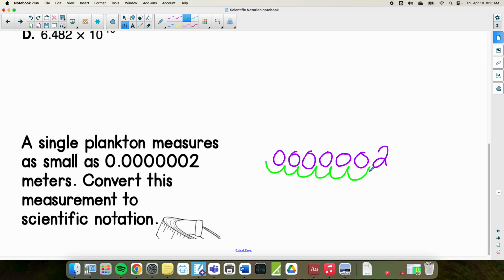No, I have to go one more place. You have to go until you have one digit to the left of your decimal point, okay? So this is 2, or you could write it as 2.0 if you wanted to, either way, times 10, and I moved it 1, 2, 3, 4, 5, 6, 7 spots. And do you think that would be positive or negative? Because it's so small. Very good.